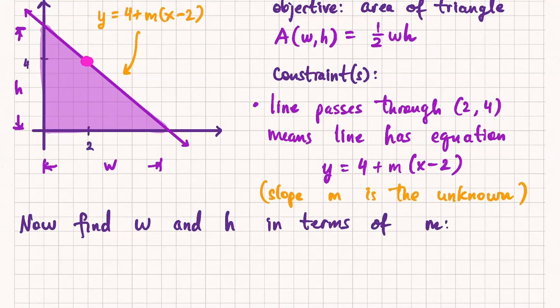This is just what Jessica said in the chat, if you read what she wrote. So to get w and h in terms of m, we're going to use the fact that the point (w, 0) is on the graph. All right, let's actually write that. So this is the point (w, 0), and this is the point (0, h), and this is the point (2, 4). So we're going to use the fact that (w, 0) and (0, h) are points on the graph as well, given our definition of w and h.